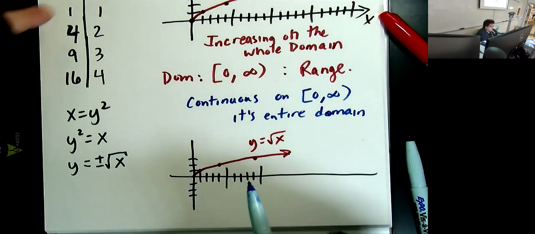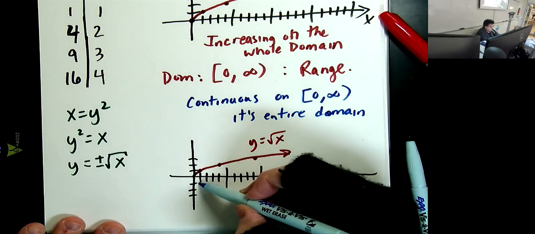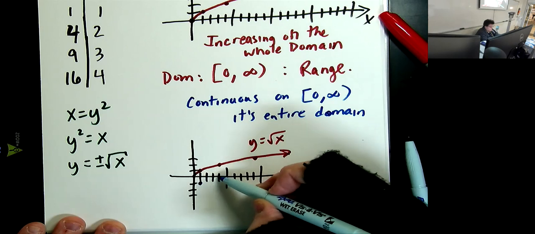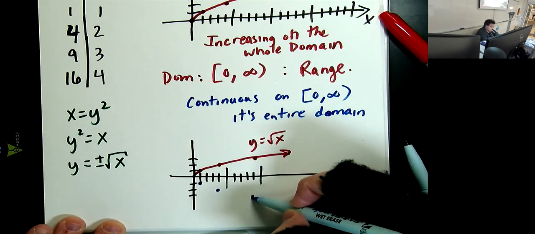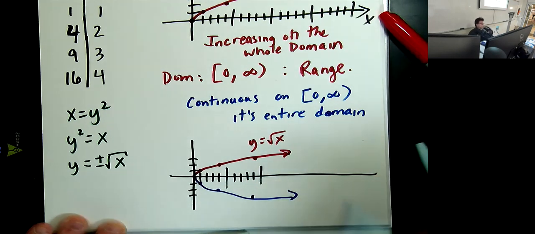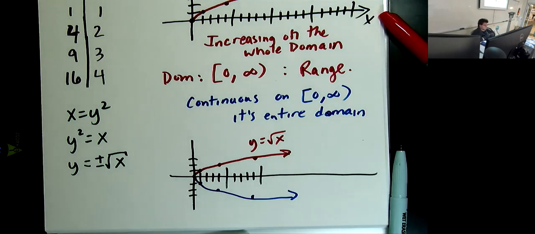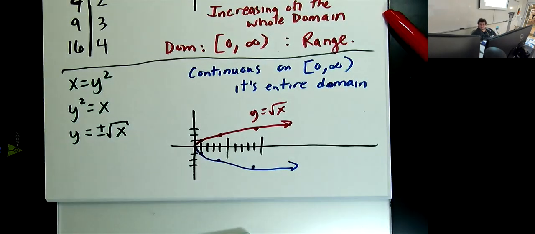So we do the same thing, but our outputs are negative here. When we go right 1, we're going to go down 1. When we go right 4, we're going to go down 2. When we go right 9, we're going to go down 3. So maybe I'll put a little horizontal line here to separate that graph from the other one.